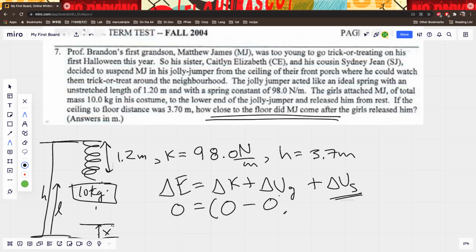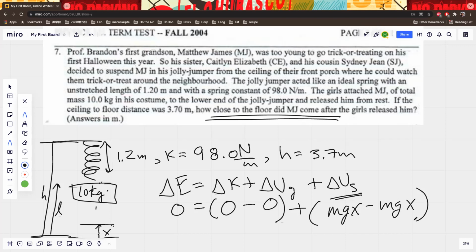All right. So let's go to gravitational. The initial would be mass times gravity times L. And then the final would be mass times gravity times X. Do you want to use L and X? Okay, we can do that. You suggested we shouldn't sub in any numbers just yet, to make it easier.